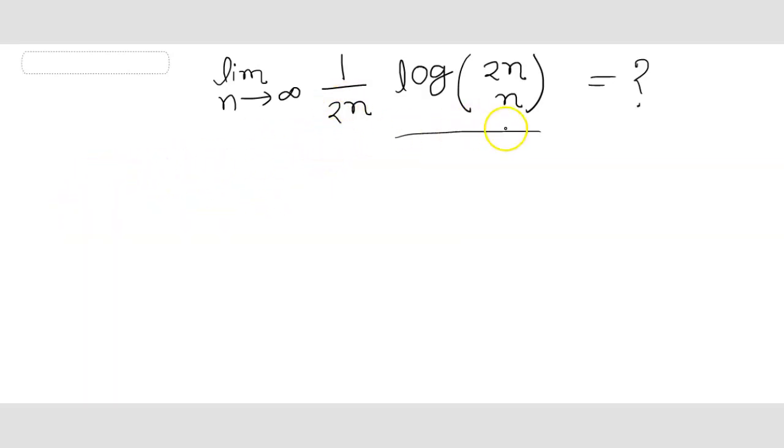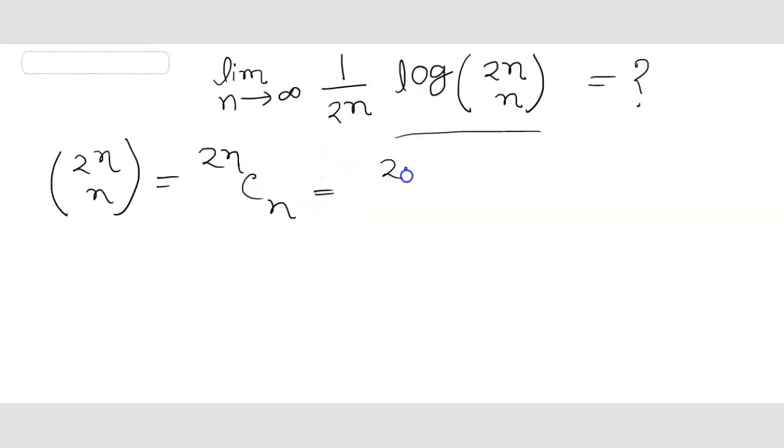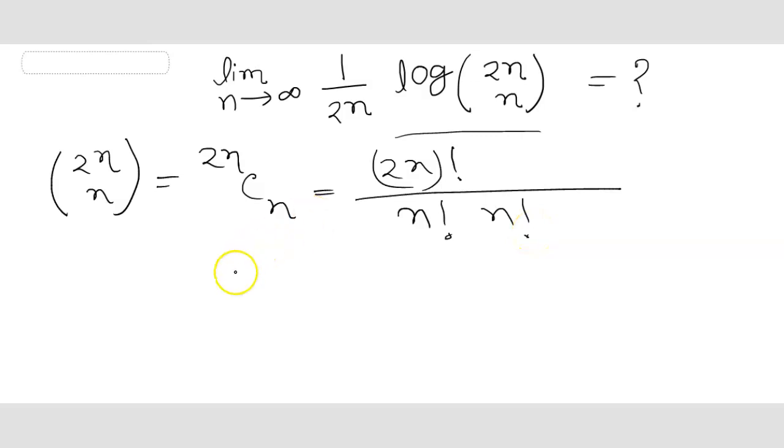First of all, what we have to understand is that this notation 2n simply means 2n choose n. Sometimes we write it like this, and we are quite familiar with this kind of notation from permutations and combinations. If you write it out, it becomes something like this.